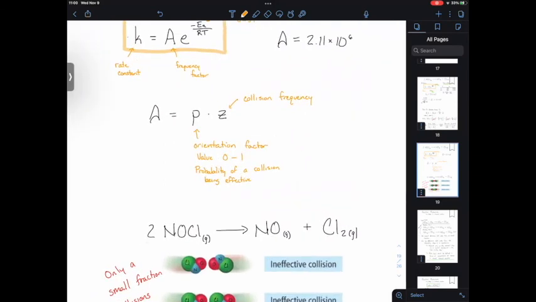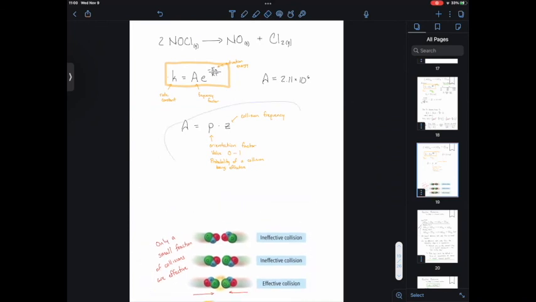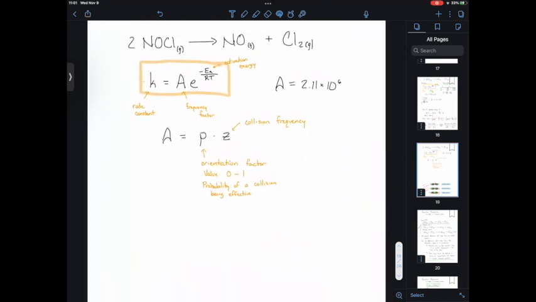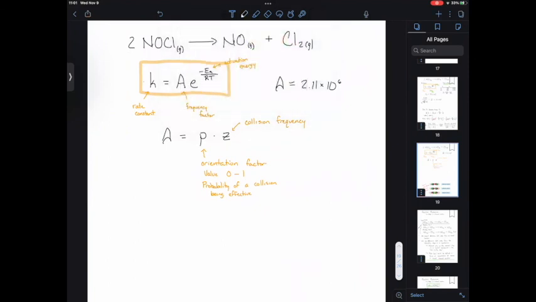So we can use this information here. I'm going to get rid of, make some more room for myself. We can use this information here to get some more information about our chemical reaction, because the collision frequency for gaseous reactions is 10 to the 9 collisions per second.